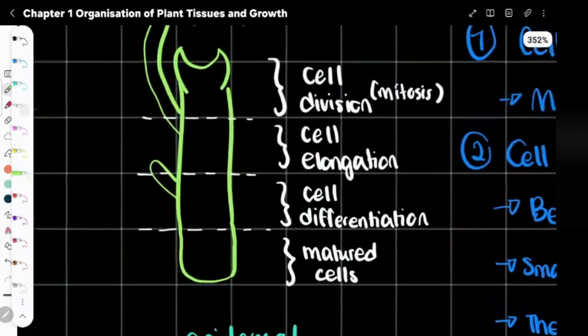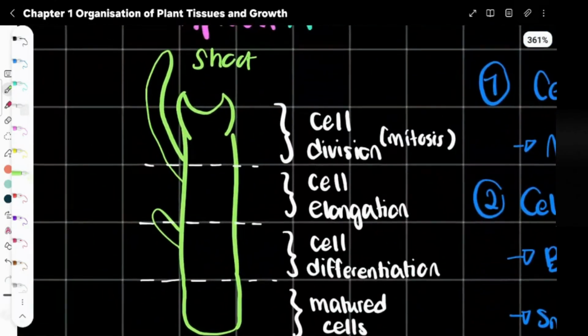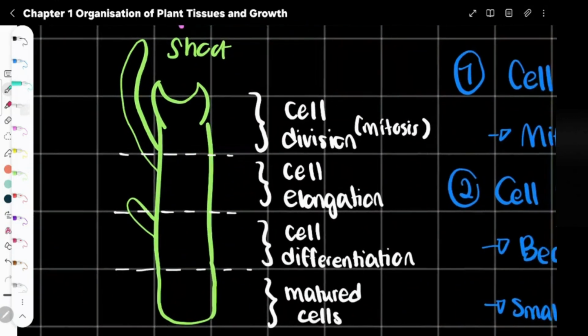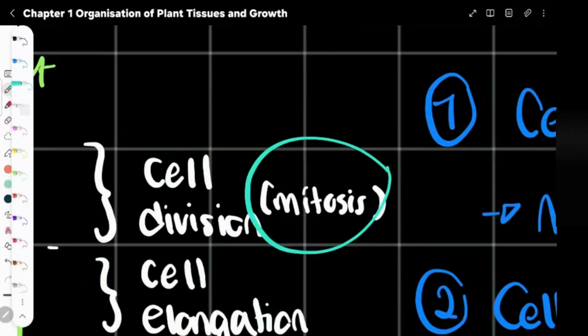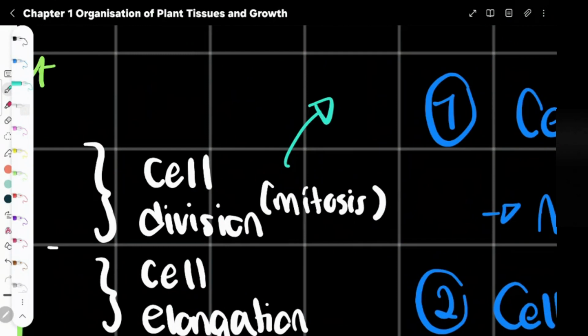Now let me explain this cell growth here. This is for the shoot. Just now I said, the first thing that will happen for the cell growth is cell division. It is the top part, where cell division happens. Whenever you hear division, think mitosis.